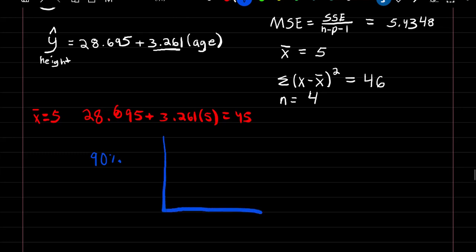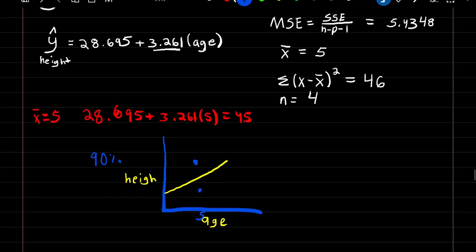Let's say this is our prediction line, which we get from 28.695 plus 3.261 times our age. Here's our age, here's our height. With our confidence interval, we start with x equal to 5, and say with 90% confidence that it falls within this range of height.